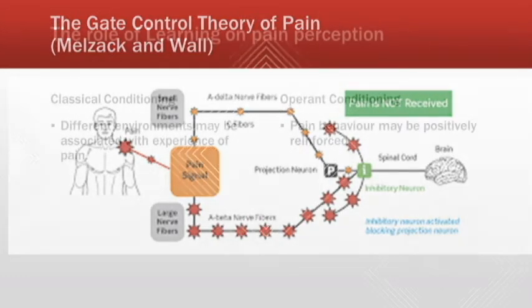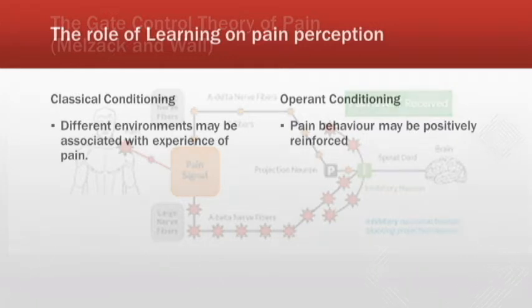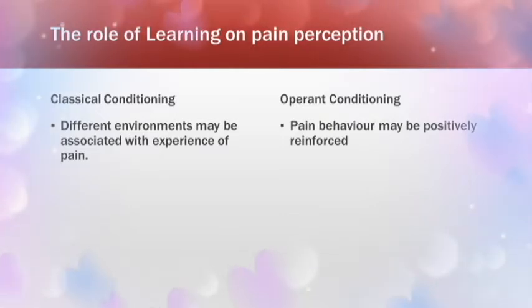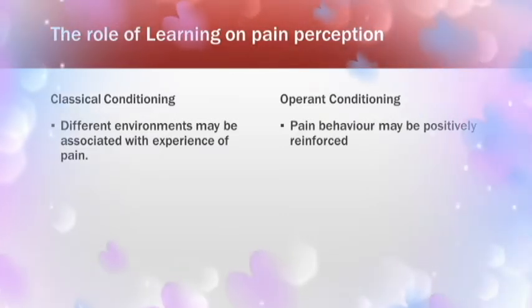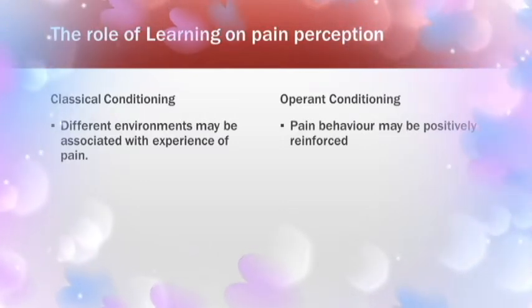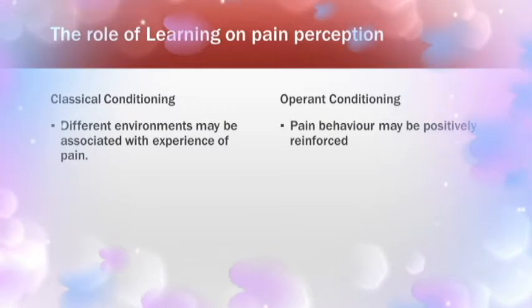As described by theories of associative learning, an individual may associate a particular environment with the experience of pain. For example, if an individual associates the dentist with pain due to past experiences, the pain perception may be enhanced when attending the dentist due to this expectation.